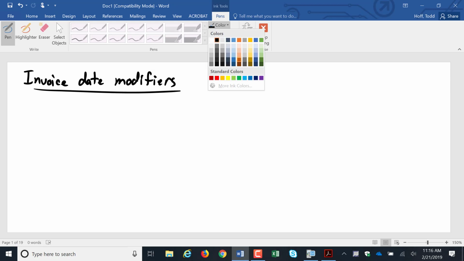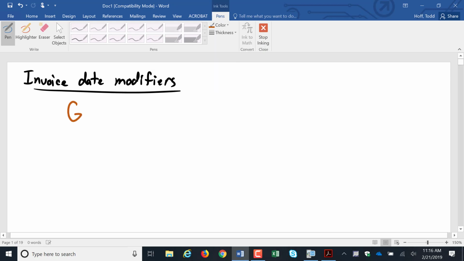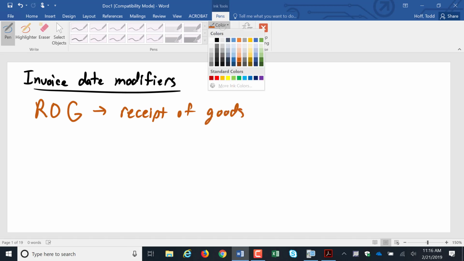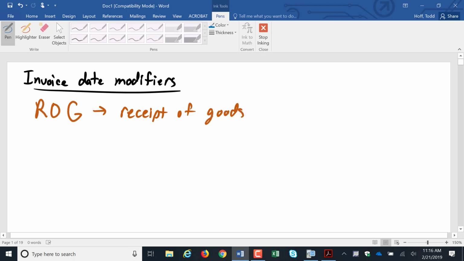Our two most common modifiers. One is ROG, which stands for receipt of goods. This one is used when it might take a considerable amount of time to ship goods from the producer to the distributor, from buyer to seller.